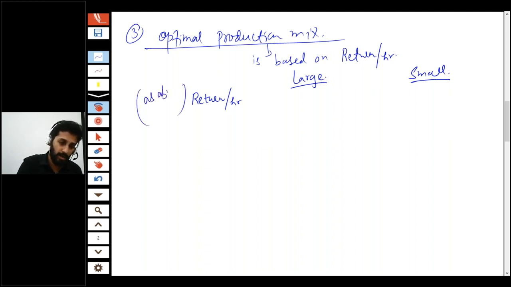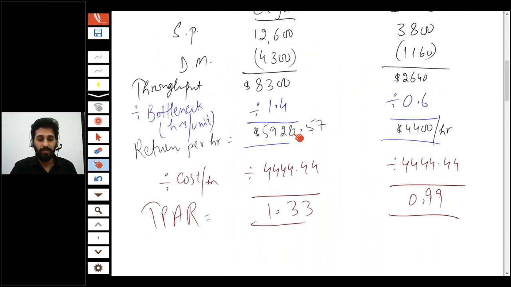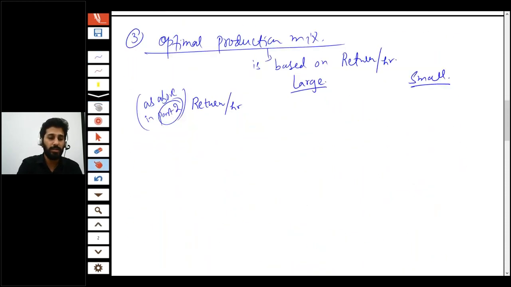As above in part 2, we had calculated 5,928 and 4,400. So obviously this would be ranked first and this would be ranked second.